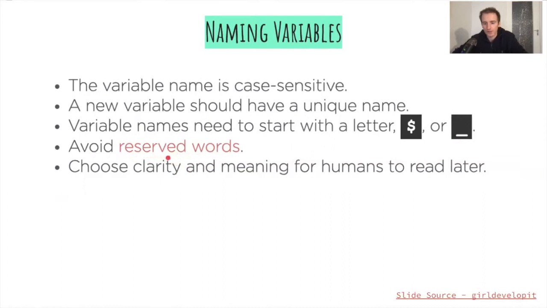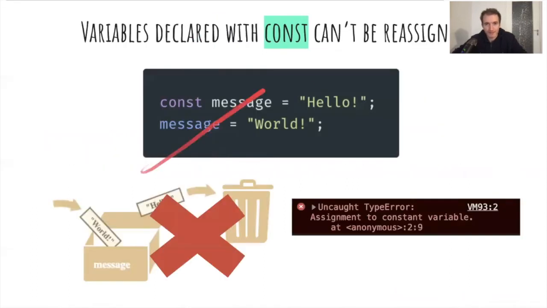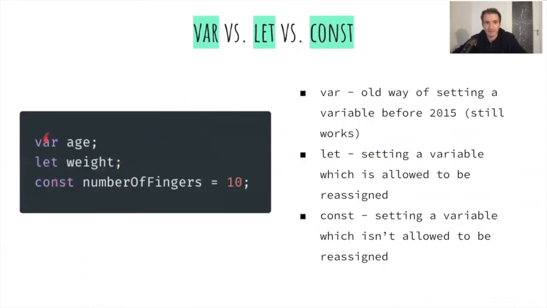There are some words called reserved words, which we're not allowed to use as the name of a variable. For example, we've seen some of these already, like var, let, and const. These are words that JavaScript explicitly knows about. If it sees the word var, it's going to assume that the thing after it is the name of a variable being initialized.